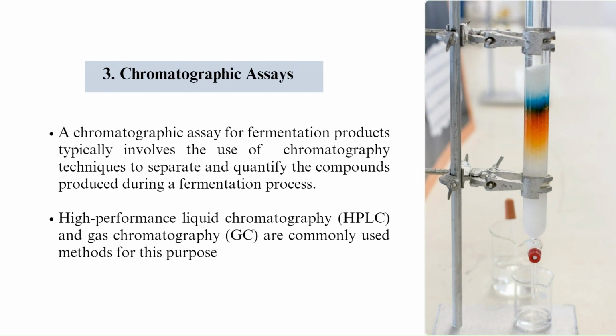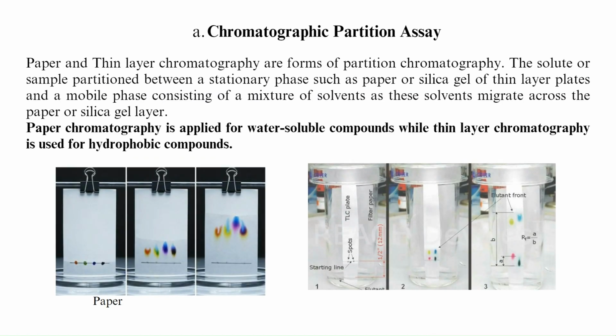Chromatographic assays. A chromatographic assay for fermentation products typically involves the use of chromatography techniques to separate and quantify the compounds produced during a fermentation process. High-performance liquid chromatography, HPLC, and gas chromatography, GC, are commonly used methods for this purpose. Chromatographic partition assay.